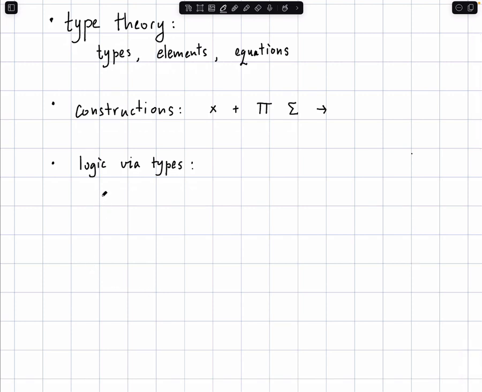So we had subsingletons. This was still a little bit informal. The idea was that if you have a type, you say that it's true. Informally you think of this as meaning it has an element.